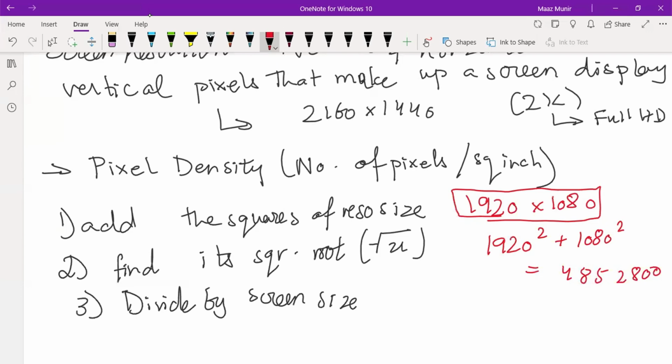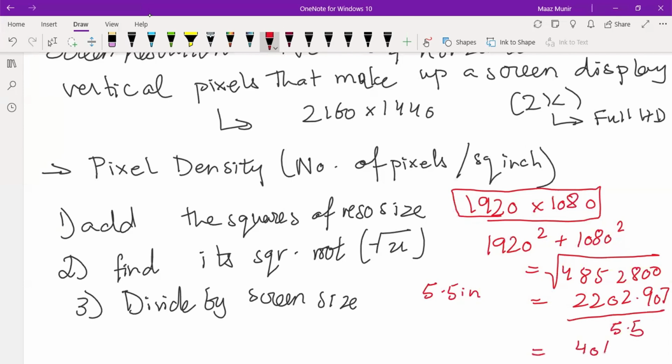Then we need to find the square root according to step number two, the square root of this answer, and you get 2202.907. And finally, let's say we have a screen size such as 5.5 inches for a phone. We are going to be dividing this by 5.5, which gives us the answer as 401. And this 401 means that in a single inch of the screen, we have 401 pixels.